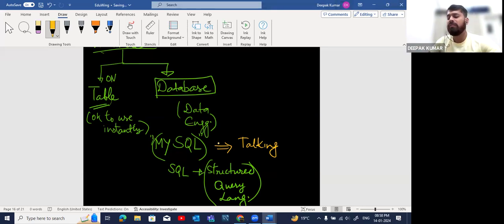If I give one exemplary syntax, I write select star from, meaning where you want to find the thing from. Say I'll write a table name. I don't know the table name, so I'm giving you a context table name. I want everything to be read from this table. So this is one of the syntaxes in SQL.